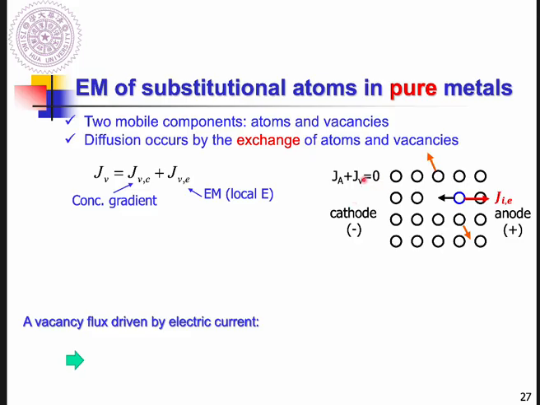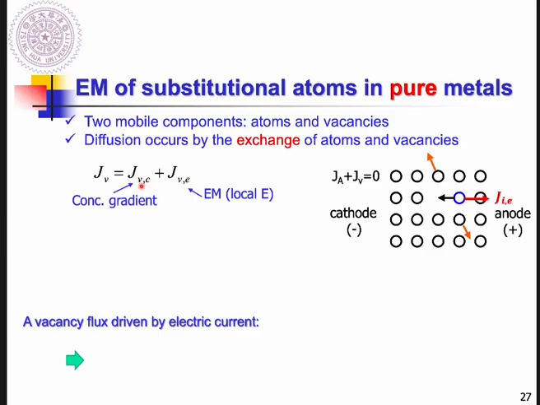How do we express the vacancy flux? The same idea: what possible driving forces act on the vacancy or on the atoms? The vacancy flux can be driven by a concentration gradient of vacancies, which is the same as a chemical potential gradient serving as a driving force.